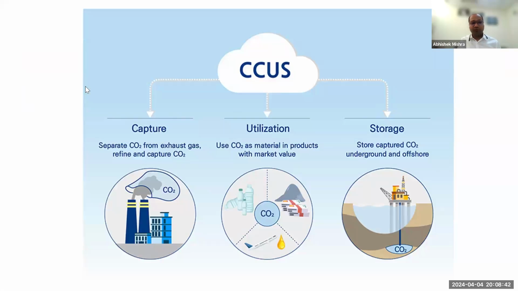So it's a three-step process. You have to capture it and separate it. There are issues in the separation of flue gases and all, and then you have to store and utilize it. This is how the whole picture looks in the case of CCUS.